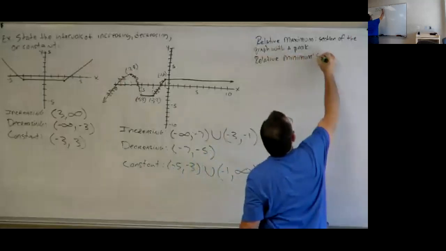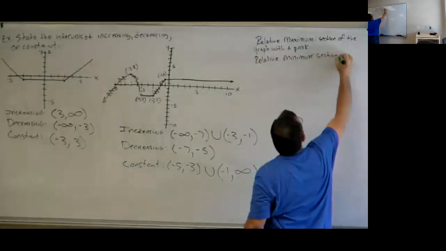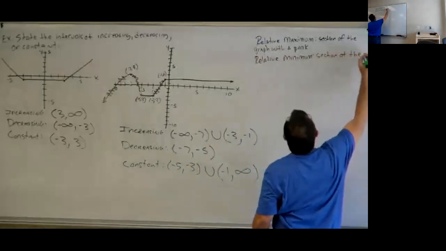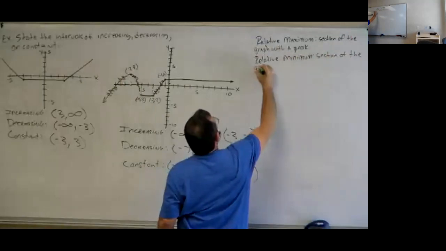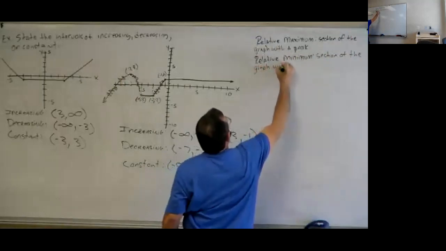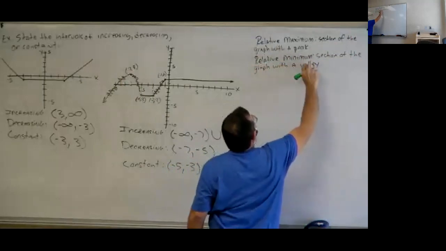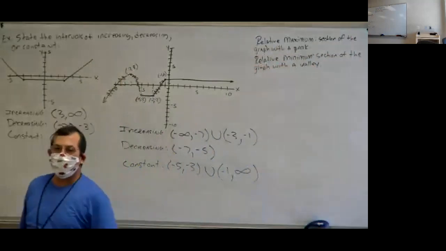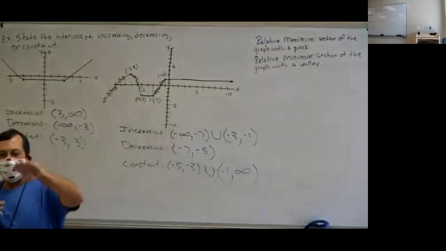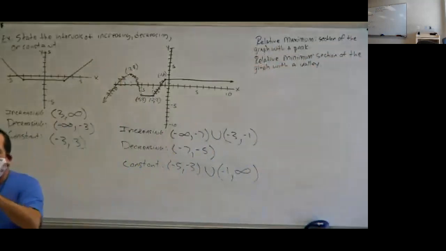So that'd be a section of the graph with a valley. Okay, so I'm just looking at little sections. Do you have a max or a min in that section, next section, and same thing, okay?